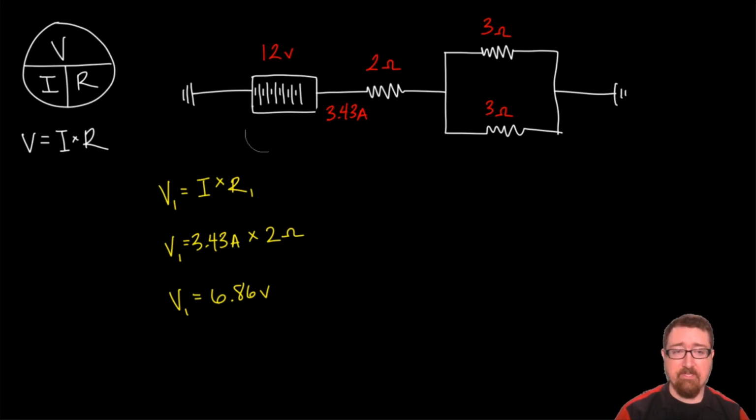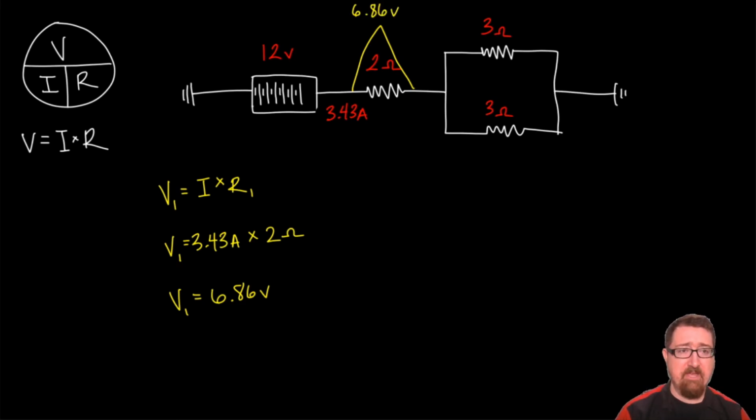Let me go ahead and erase this. So if you were to take a multimeter and put the lead here and here, you would see that we would get 6.86 volts.